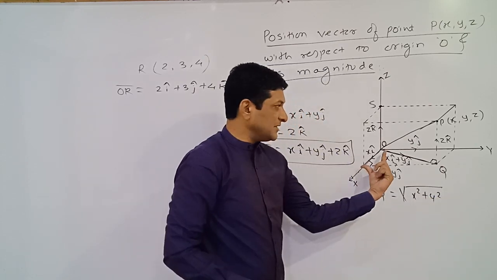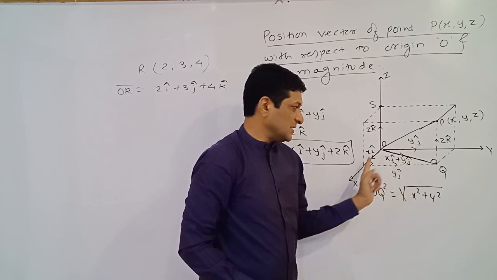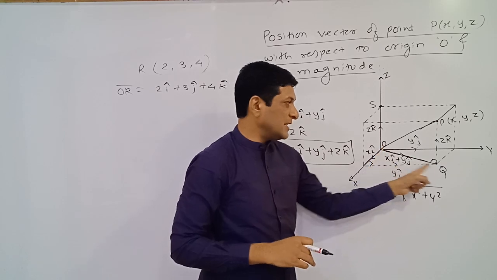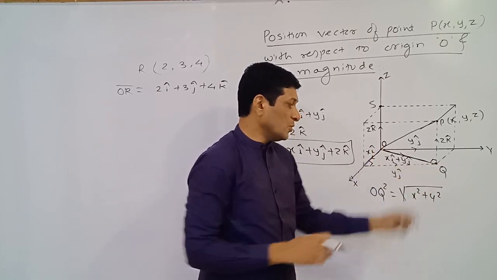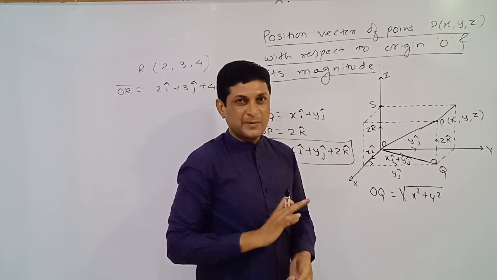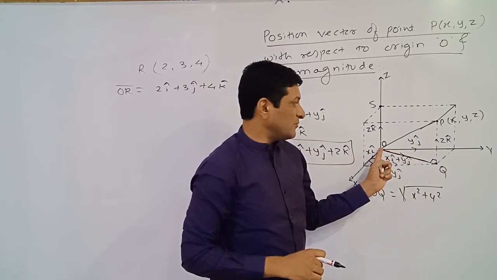This length is X. This length is Y. This side opposite to 90 degrees is called the hypotenuse. So we have got the length of OQ, which will be equal to under root x square plus y square, applying Pythagoras theorem.